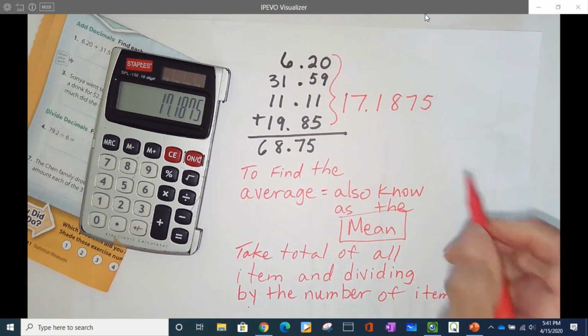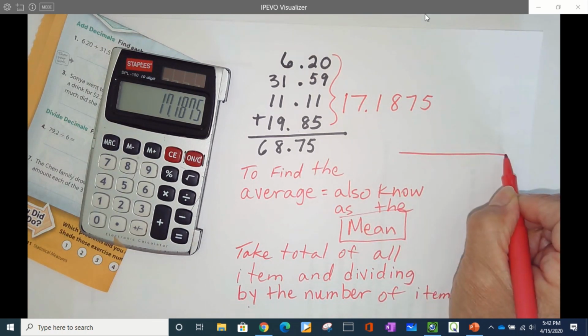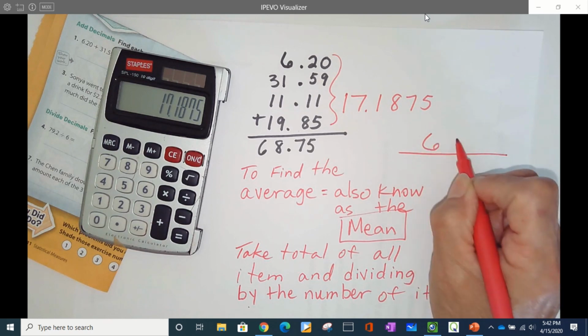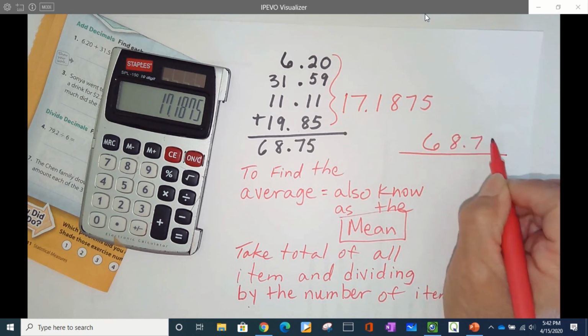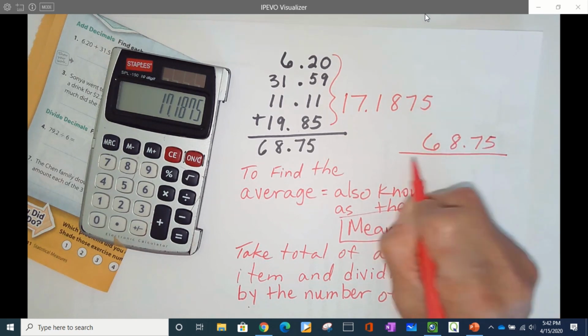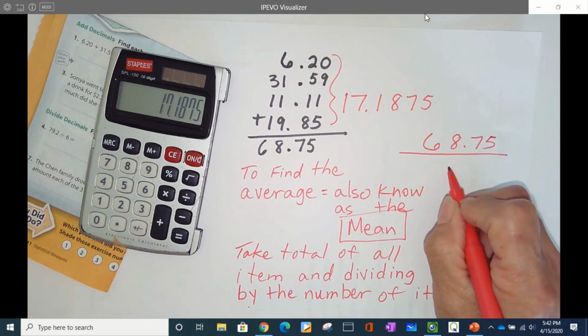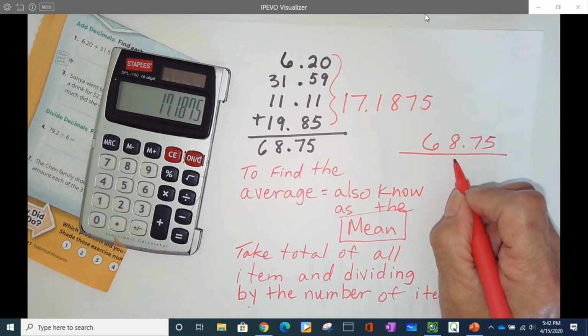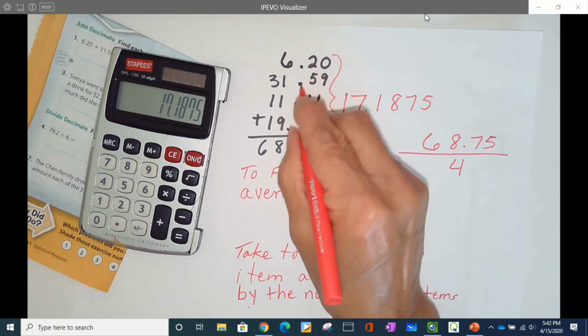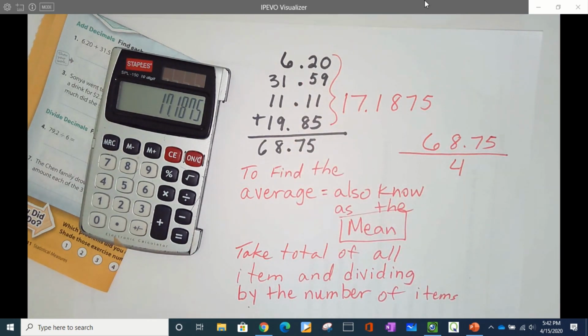So this is what it would actually look like, students. 68.75, because we always know that this bar means you're dividing, divided by 4, because we have 4 items. It's going to be easy stuff. You're going to like this, students.